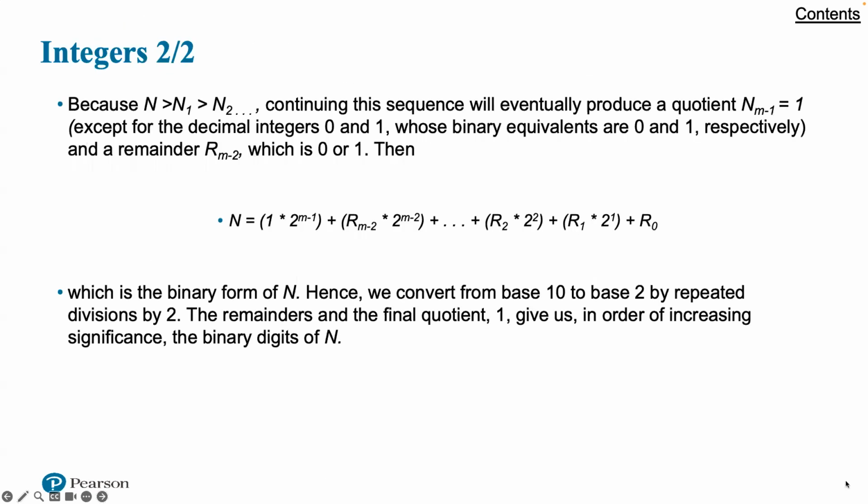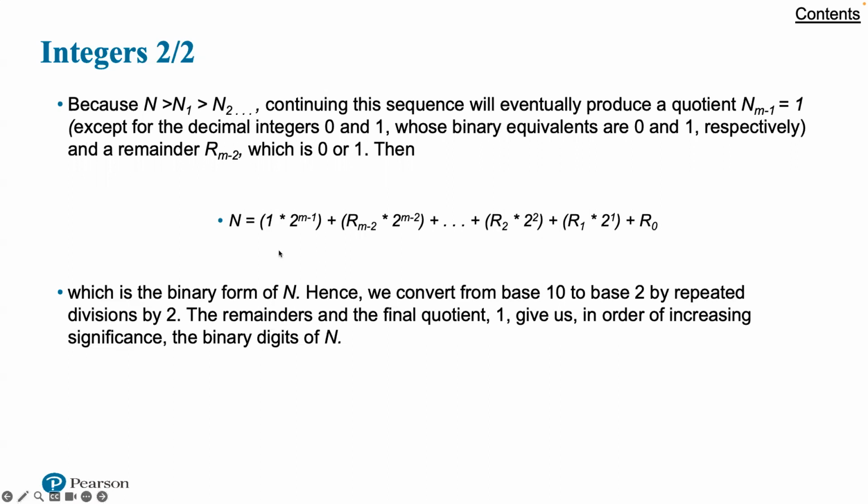Because n is greater than n1, greater than n2, and so forth, continuing the sequence will eventually produce a quotient n sub m minus 1 equals 1, except for the decimal integers 0 and 1, whose binary equivalents are 0 and 1, respectively, and a remainder r sub m minus 2, which is 0 or 1.